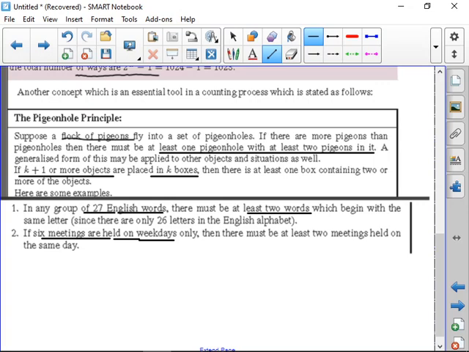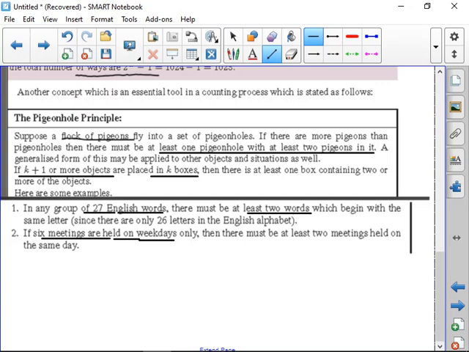But there are 6 meetings held there, so therefore, on at least one day there should be more than one meeting. That is, 2 meetings should be held on the same day. Is it clear, all of you? So, this is called the pigeonhole principle. So, based on this, we will do the exercise problems.